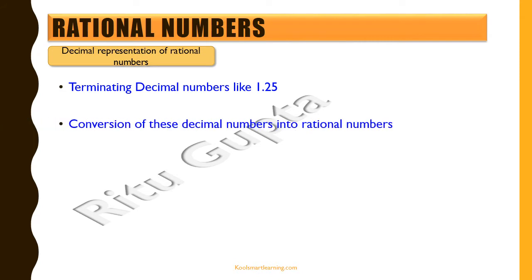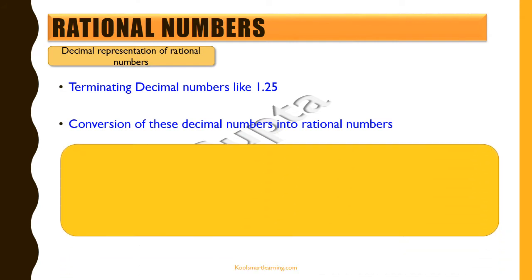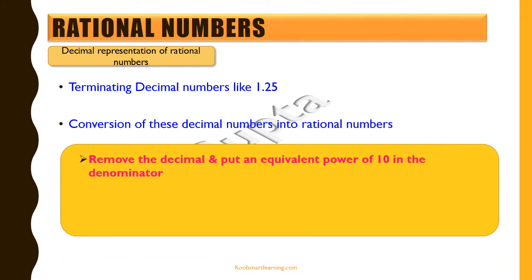Now let's see why terminating decimal numbers are nothing but rational numbers. Let's convert these decimal numbers into the form p by q. The simple way is to remove the decimal and put an equivalent power of 10 in the denominator. For example, in 1.25, if we remove the decimal, we put 100 in the denominator because there are two places after the decimal.